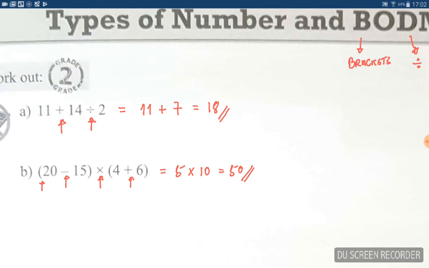You have 11 plus 14, which will be 25, and then divide that by 2. 25 divided by 2 is 12.5. And 12.5 is not the same as 18. So as you can see, the order has a big impact on the result.